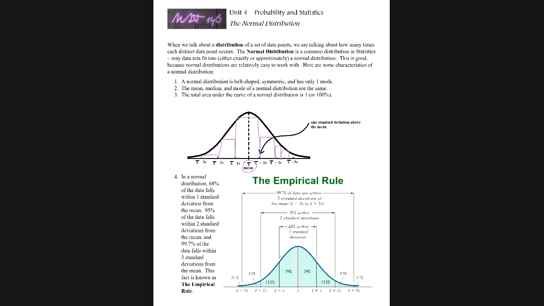In the normal distribution we usually have one standard deviation above and below the mean, two standard deviations above and below the mean, and three standard deviations above and below the mean labeled, and that's because of something called the empirical rule.